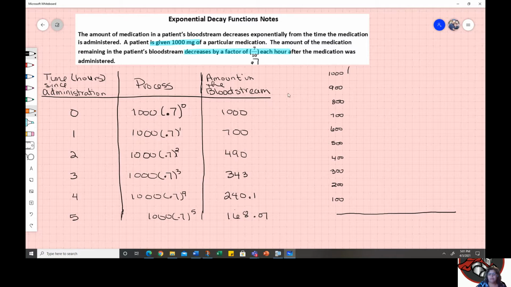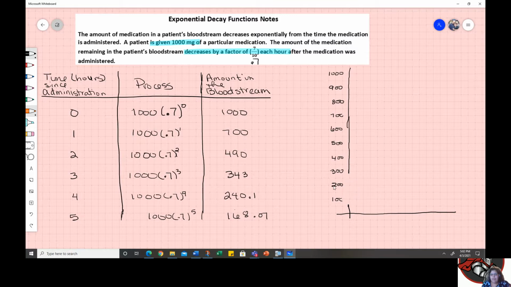I'm going to try to do this line as straight as I can. Let's try this again. Kind of clean up my line a little bit.